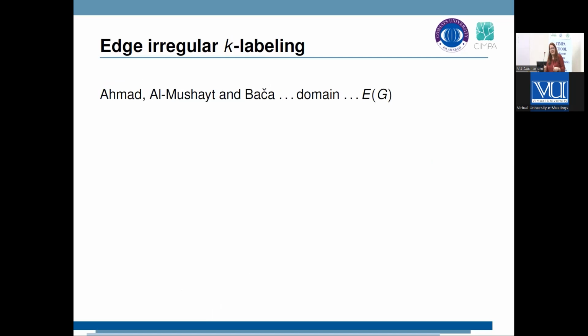Okay, and now I will tell you something about another type of irregular labeling, irregular assignment. Ali Ahmad, Al-Mushayt, and Martin Bača defined a new irregular labeling. In the previous case, we labeled edges, and then there is a typo because I was doing it early in the morning and I was very sleepy.